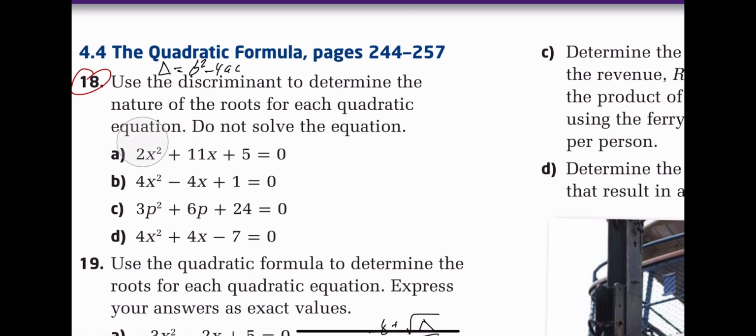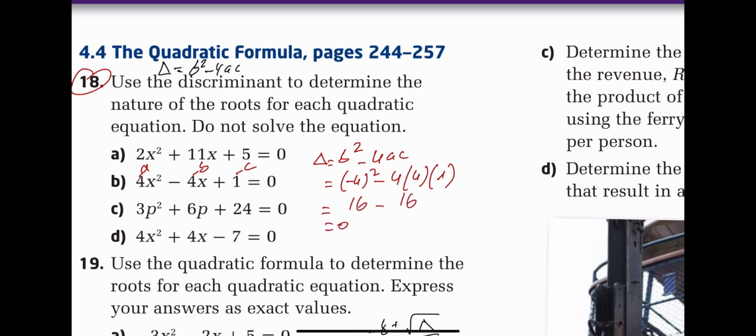Okay, for the second one, hopefully we can find something different. So this is my a, this is my b, this is my c. My delta is b squared minus 4ac, which is minus 4 squared minus 4 times 4 times 1, which is 16 minus 16, which is 0.